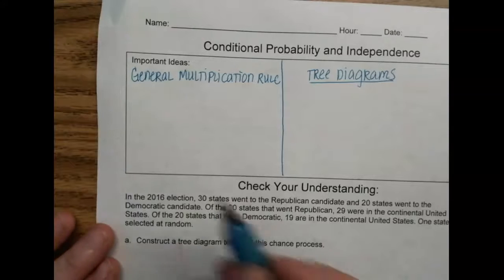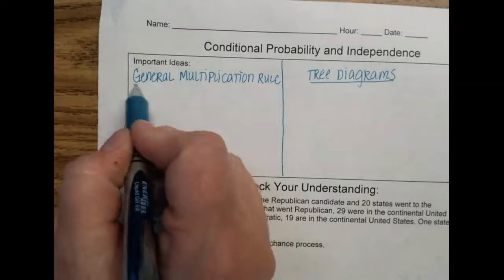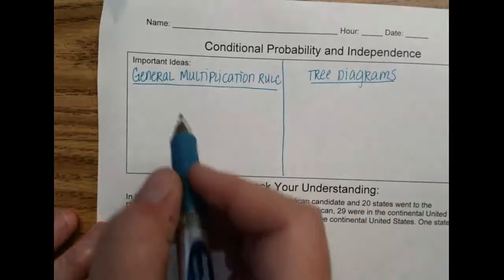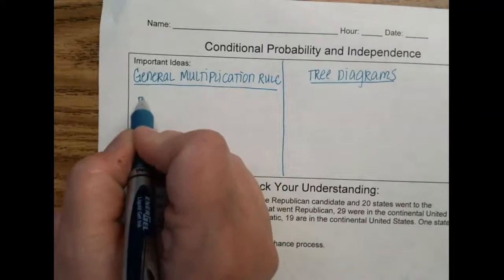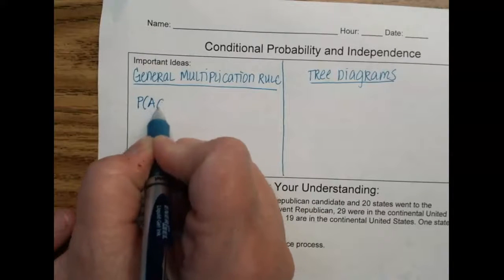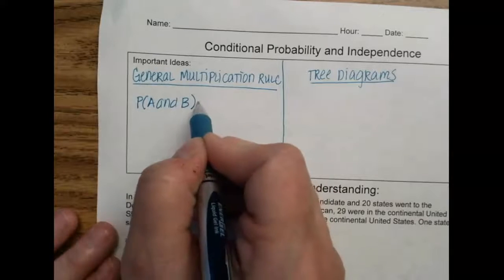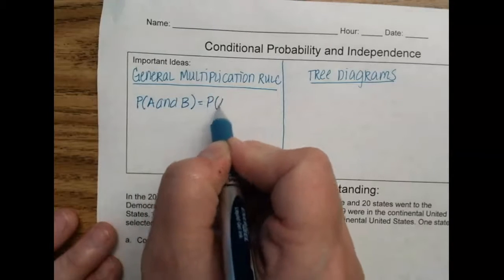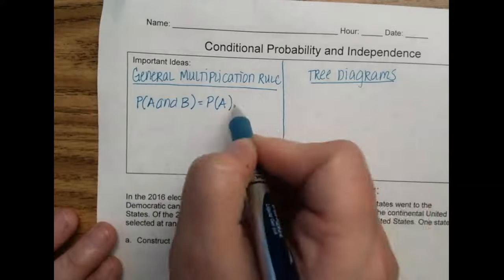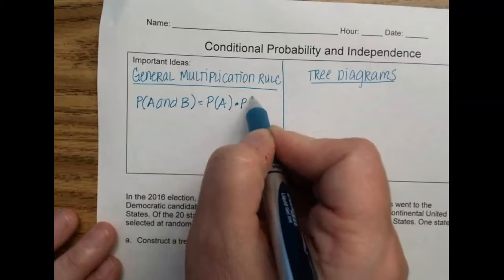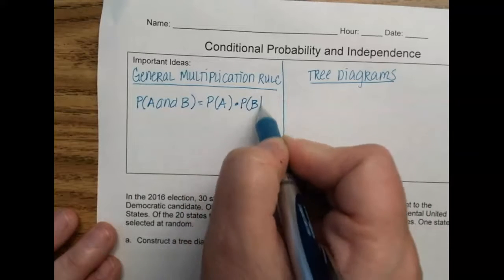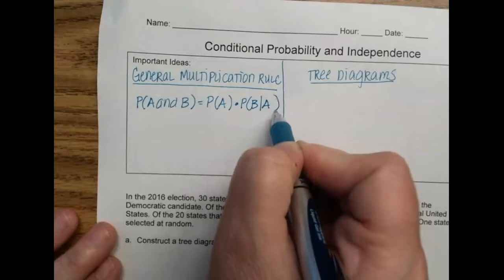So for our dependent situations, to find the probability of A and B, you'll take the probability of A and multiply it to the probability of B given A has already occurred.